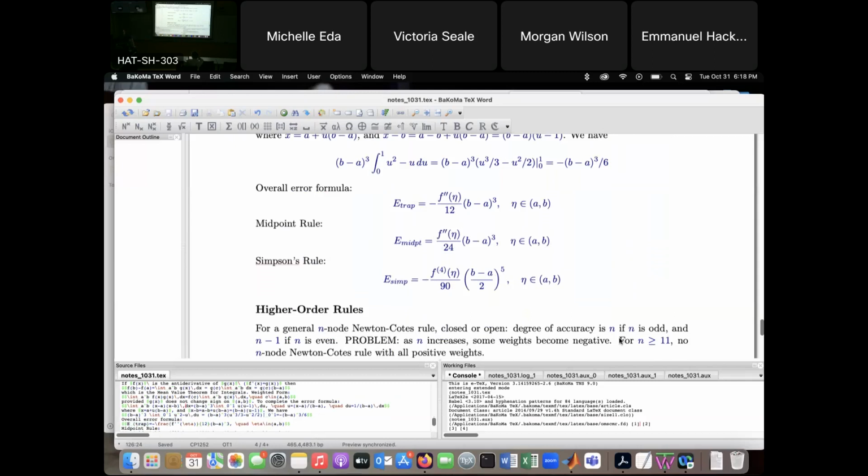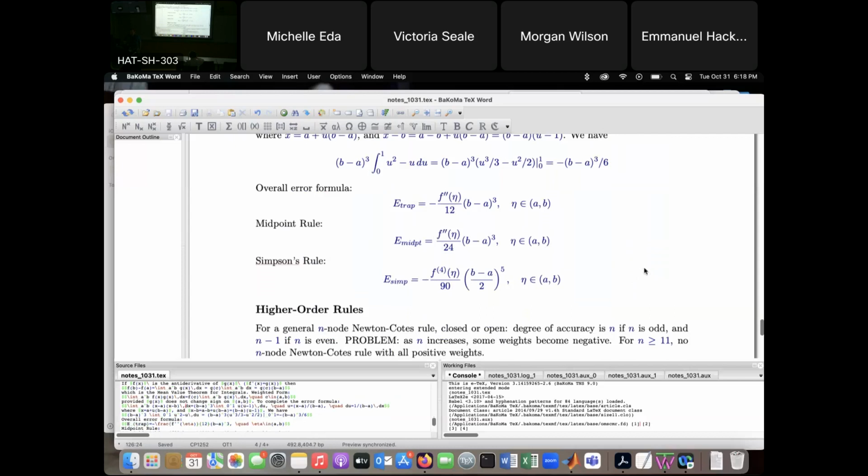In some cases, I guess it depends on whether the rule is open or closed, I've seen negative weights for as low as degree 8. And I guess there's probably a reason why I couldn't even tell you off the top of my head what the names of higher degree Newton-Cotes rules are, because no one bothers teaching about them.